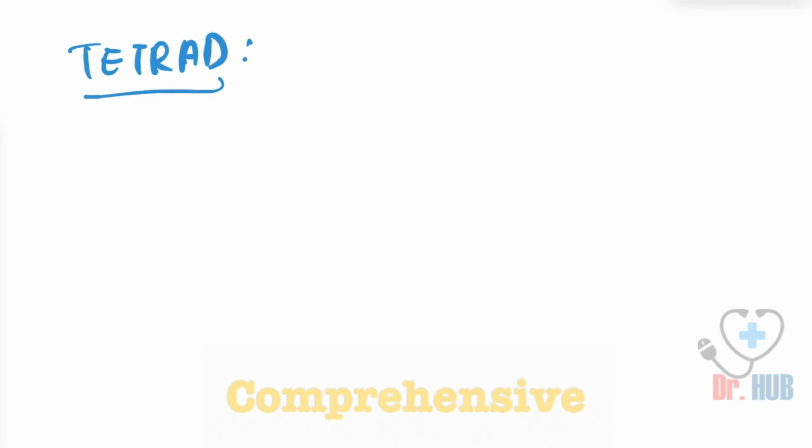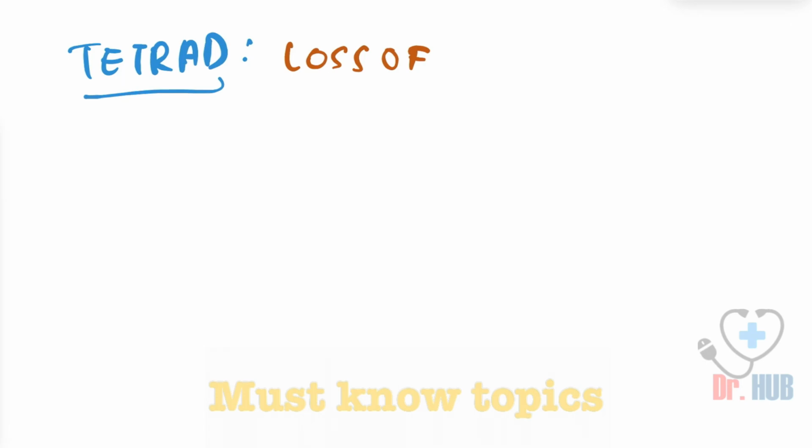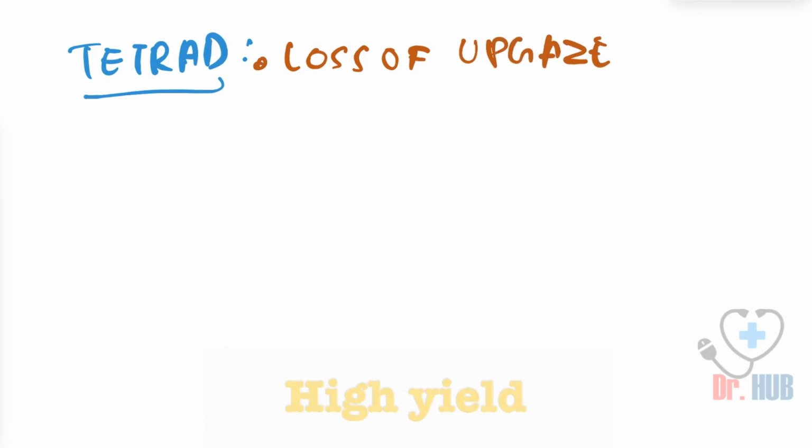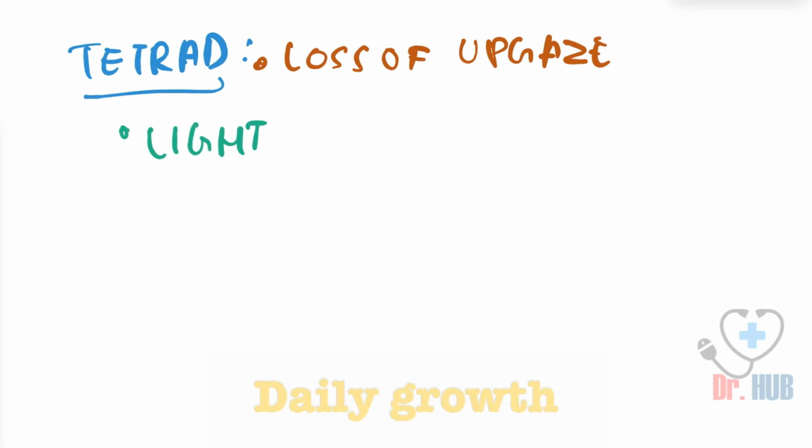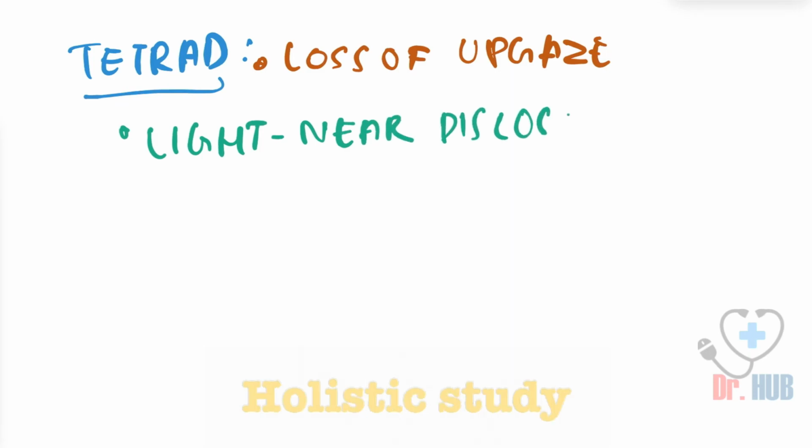Now we are going to look at this tetrad. It includes, first, loss of upgaze. Then we also have light-near dissociation.